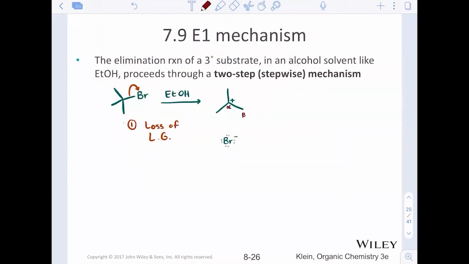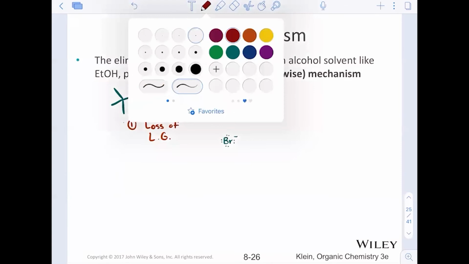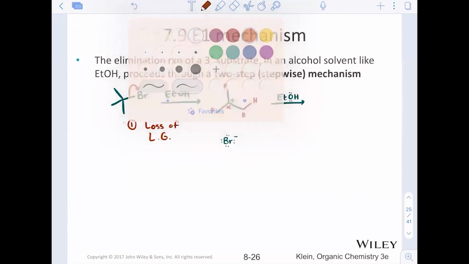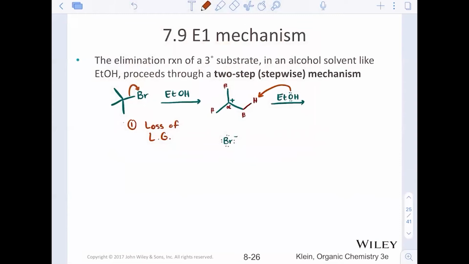And then what we want to establish for our E1 reaction is we have alpha and we have a variety of betas. All 3 of those carbons that are beta are identical. They're all methyls. So I'm just going to pull off 1. Excellent. And then ethanol will come and do the second step of our proton transfer.